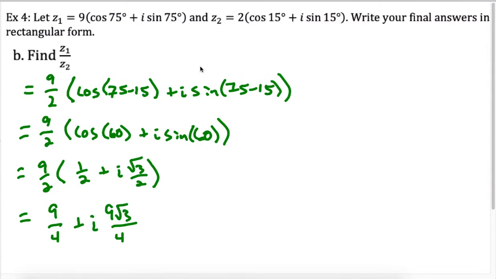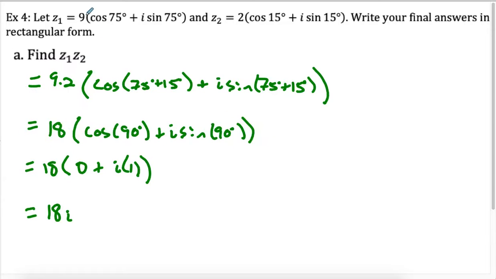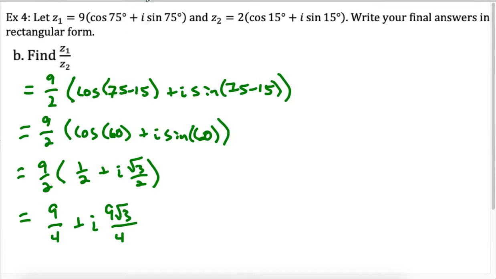Now, I should mention that in both of these examples, I could convert this number to rectangular form first and convert this number to rectangular form first, and then multiply them together, right? Then it would just be something like a plus bi times a plus bi, whatever those a and b values end up being. And then I would get 18i. Same thing here.